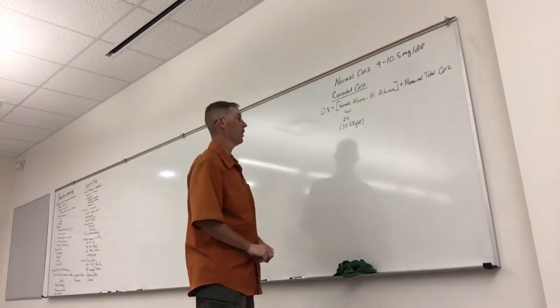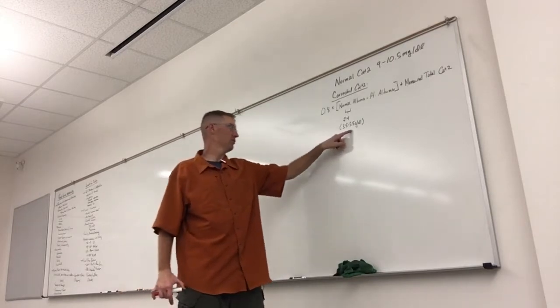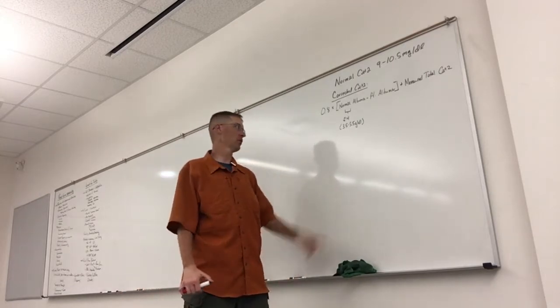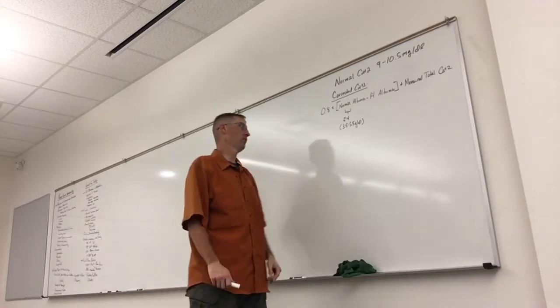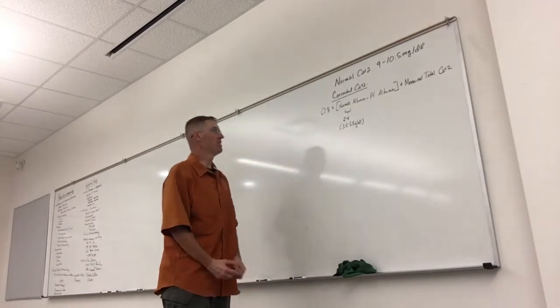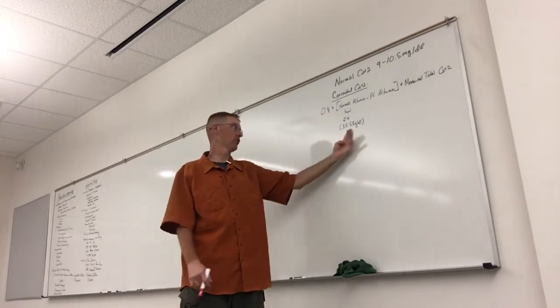First of all, the normal albumin is 3.5 to 5.5 grams per deciliter. That's what we would expect a normal albumin level to be. What we tend to put in this part of the equation for normal is 4, because 4 is right in the middle.